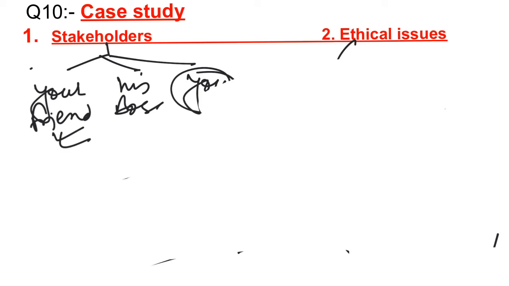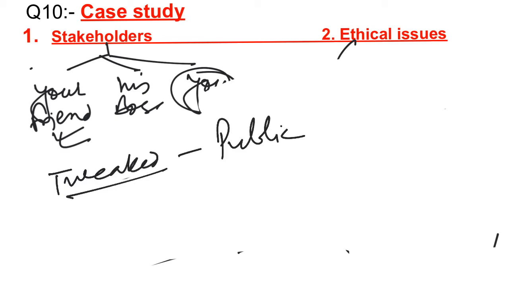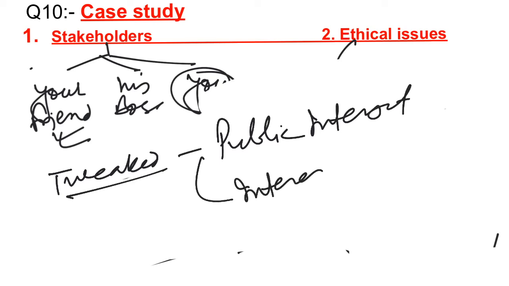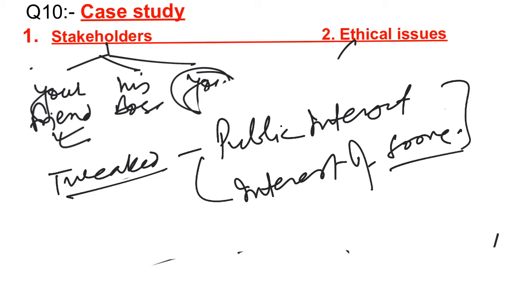You can say that no matter what the circumstances, if the tweaking of the law is against the public interest and is in the interest of some people, then you have abused the power, and now you cannot be said to be an honest person.